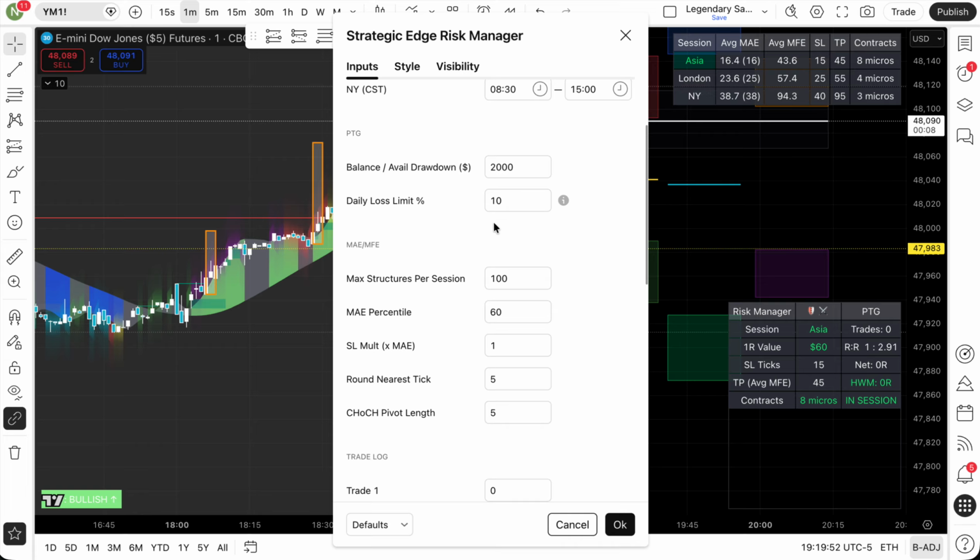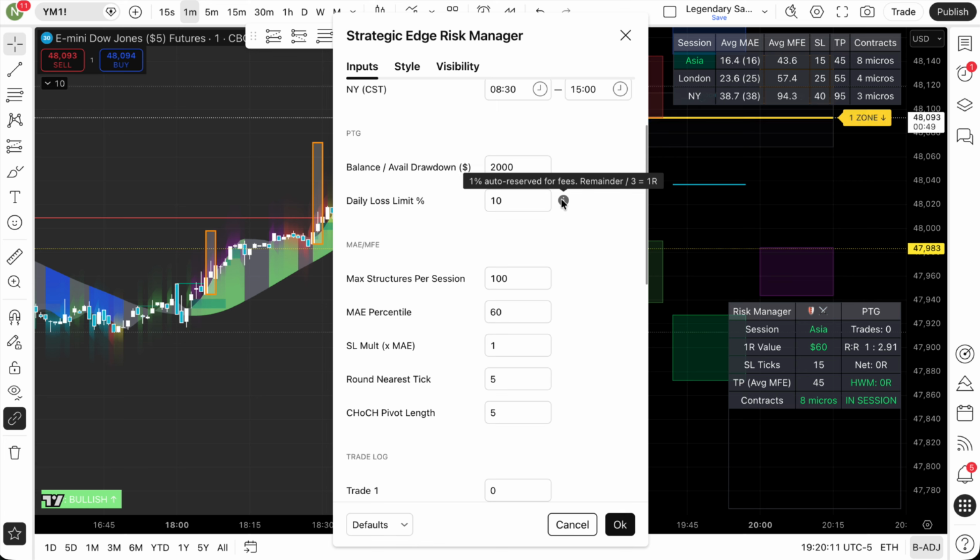So if I've got a 10% daily loss limit, 1% is auto reserved for fees, and then I've got 9% of my available drawdown in that prop account remaining to trade. I'm going to take that and divide it by three, and that's going to give me my 1R unit, right? Because I want at least three trades in the clip.